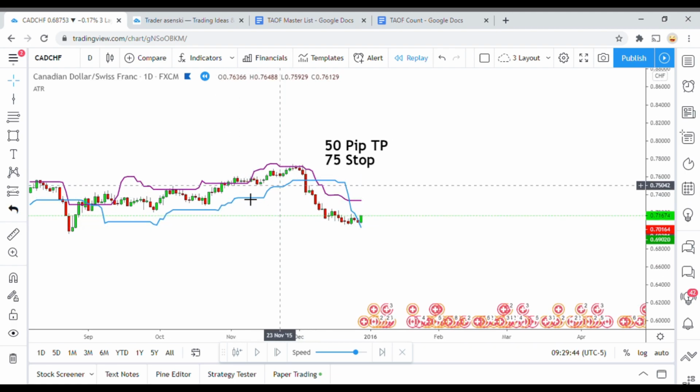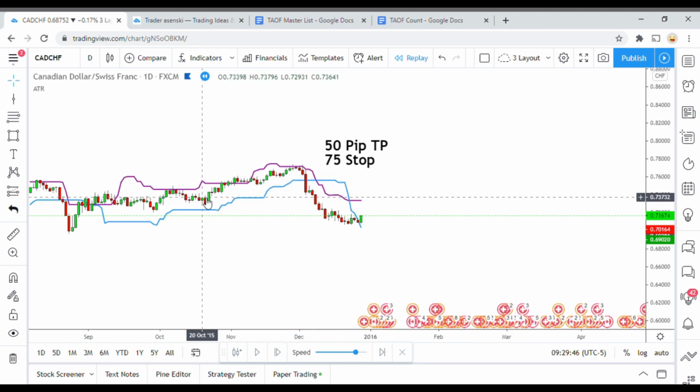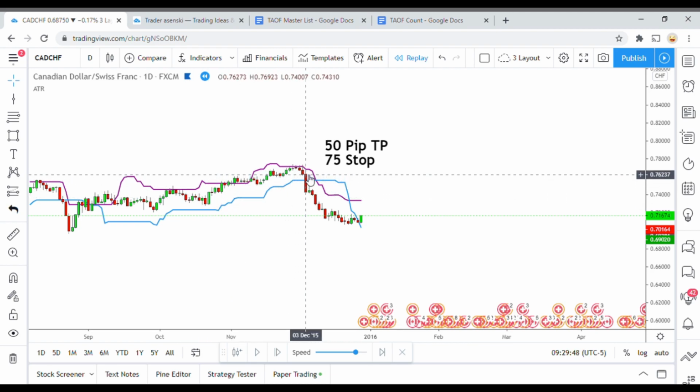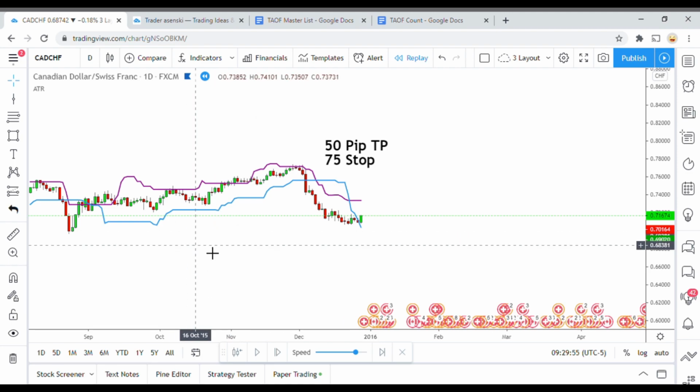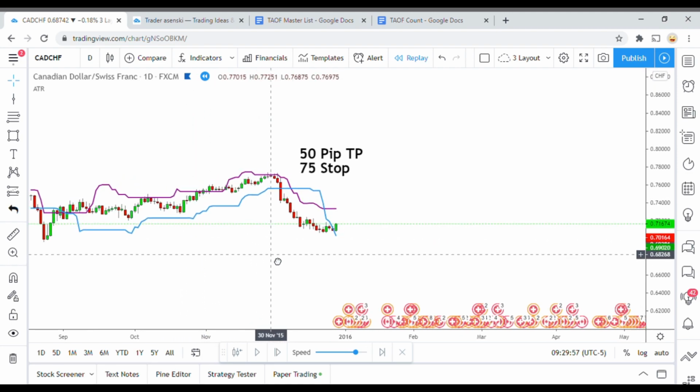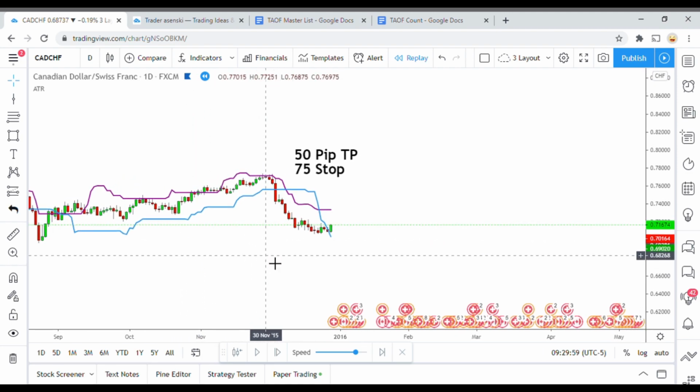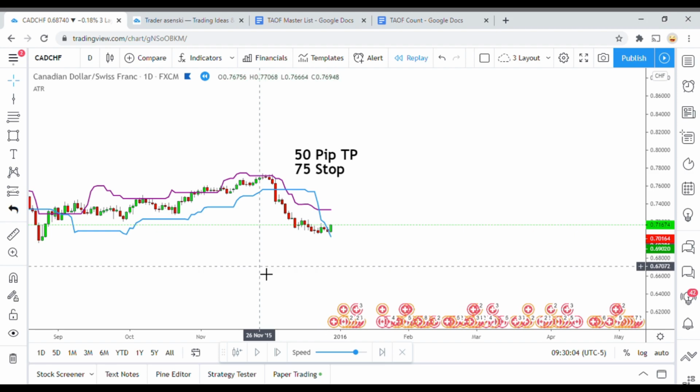Then when it returns back into the middle of the two bands and it breaks down below, like you can see right here, that would be a signal to go short. And so I think that is going to be the best way to attempt to trade this indicator.